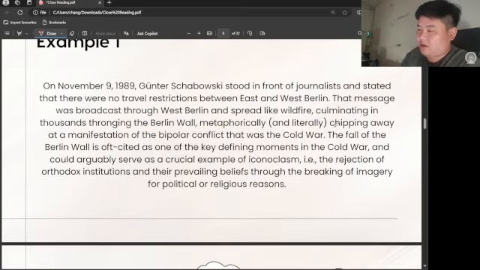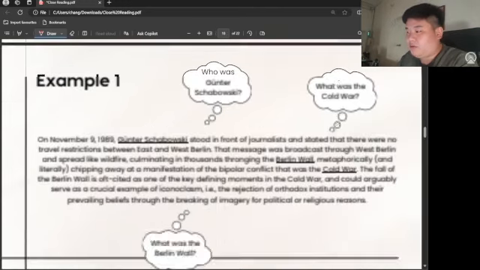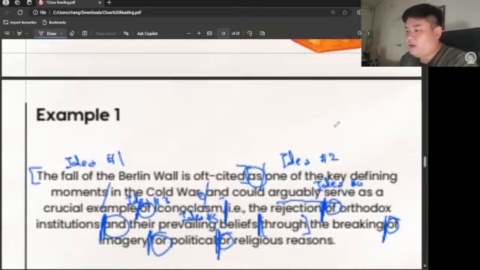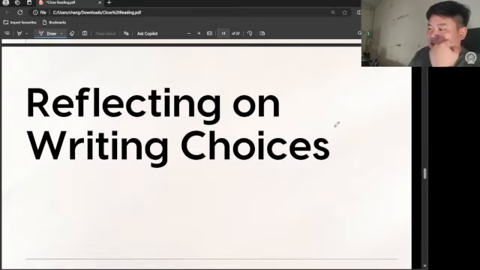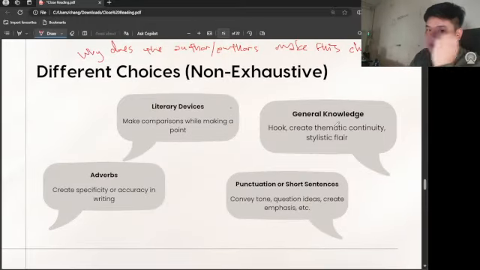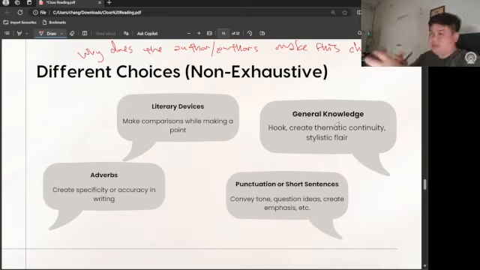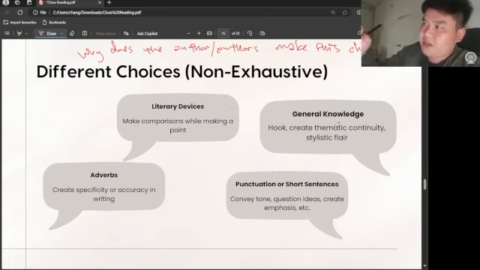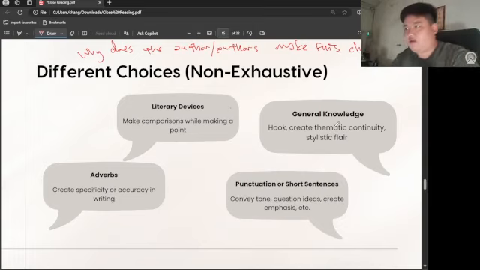Because as I said earlier, I wrote this one. I made the choice to begin this particular passage with this example. What is it that I'm trying to do? I'm trying to hook readers' attention, right? So general knowledge can be used to do that. Or if, let's say, the same event is used in two separate locations in the actual text itself, it can be used to create some sort of thematic continuity, or just simply for stylistic flair.